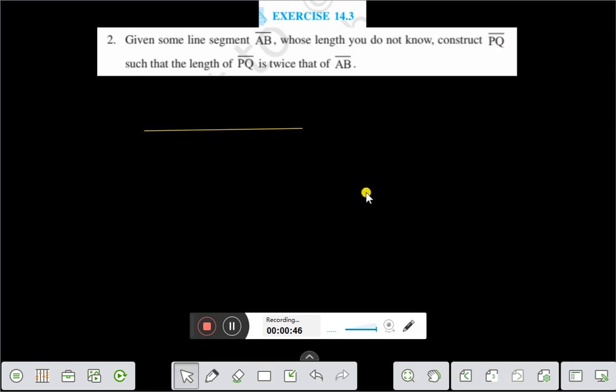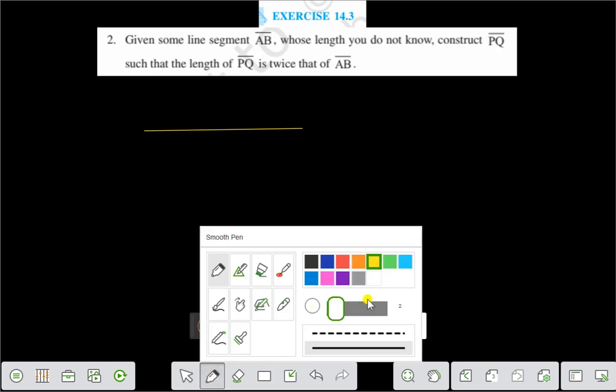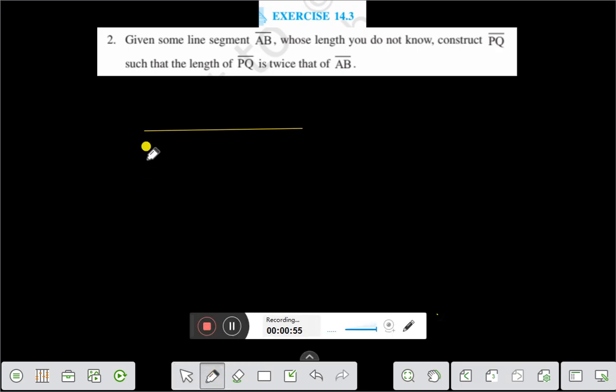This is a line segment, and we name it AB. We do not know the length of this line segment. This is point A and this is point B.